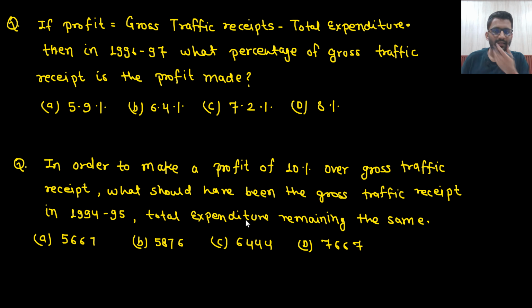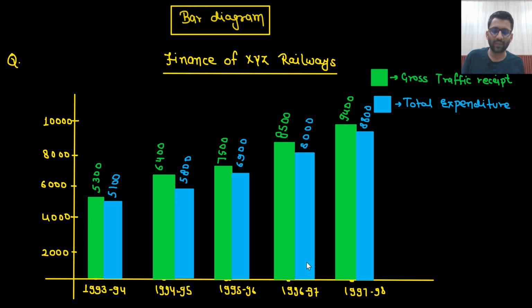Then in 1996 to 1997, what percent of gross traffic receipt is the profit made? So in 1996 to 1997, what is the profit? The profit is 500 rupees.